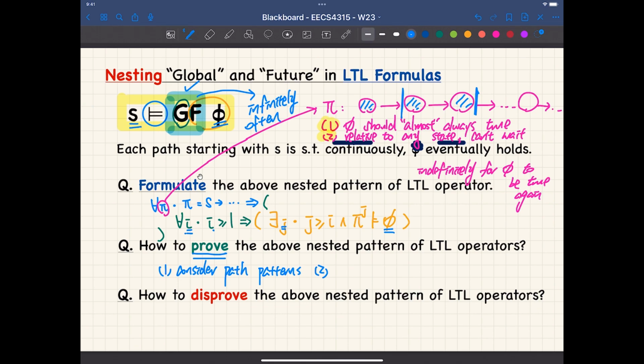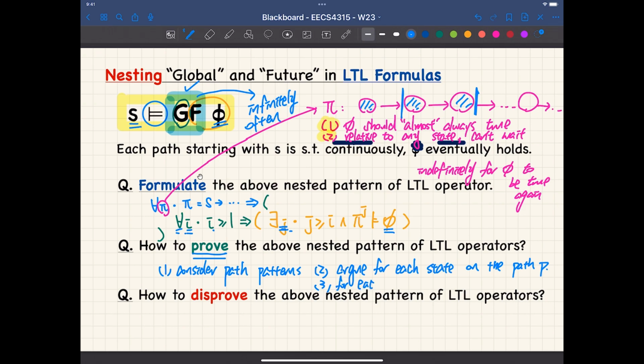So now if I want to prove this here, I want to argue for each state on the pattern. And number 3, you want to find out for every state that's there, where is the future state that's going to satisfy phi?